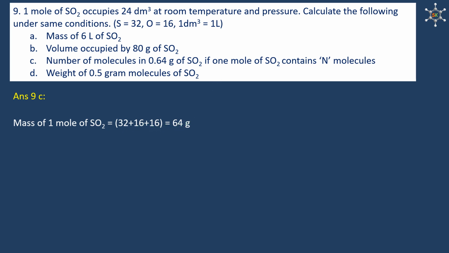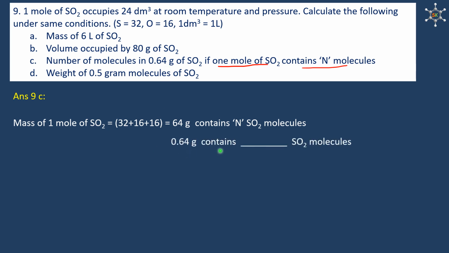It is also given that 1 mole of SO2 contains N molecules. What it means is 64 gram of SO2 contains N SO2 molecules. What we need to find out is the number of SO2 molecules in 0.64 gram. So, 0.64 gram of SO2 contains dash SO2 molecules.